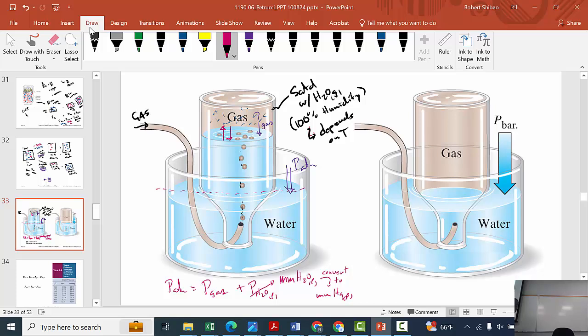If I had this much mercury, mercury is very heavy, right? And I want the equivalent weight in water, I'd need 13.6 times more water. And so the conversion here is that for every millimeter of mercury, 1 millimeter of mercury, I need 13.6 millimeters of water because mercury weighs 13.6 times that.